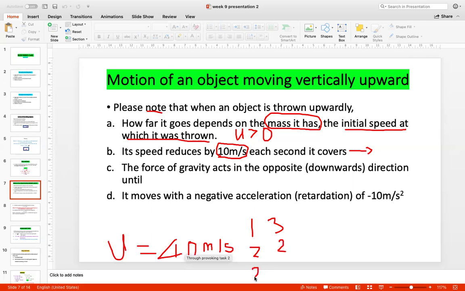The third second, you subtract, you have 10. The fourth second, you subtract, you have zero velocity, then the object starts falling downward. So the reason there's a reduction in velocity is that gravity is not pulling the object downward, but is acting on the object in the opposite direction.